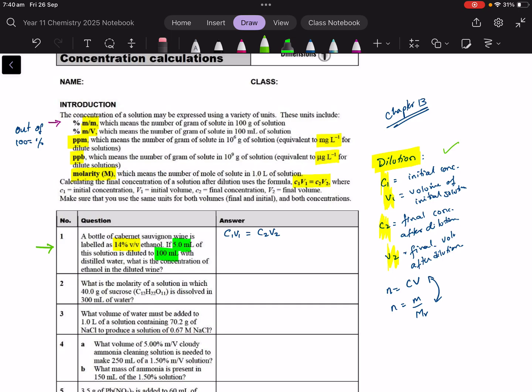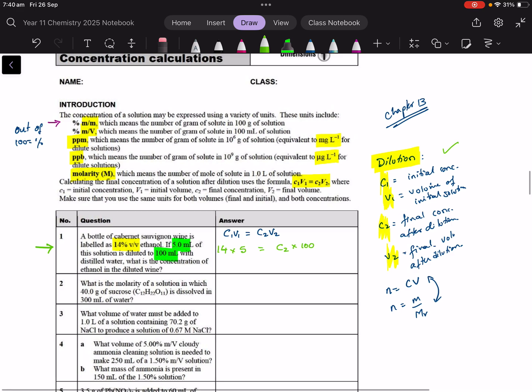So here we are. We're going to look at 5 milliliters of 14% multiplied by 5 milliliters should be equal to C2 multiplied by 100 milliliters. So can you see that the milliliter units are on both sides, which cancel each other? So it doesn't matter, just that your final concentration will end up in the percentage volume over volume. So now C2, rearranging the equation, is equal to 14 multiplied by 5 divided by 100.